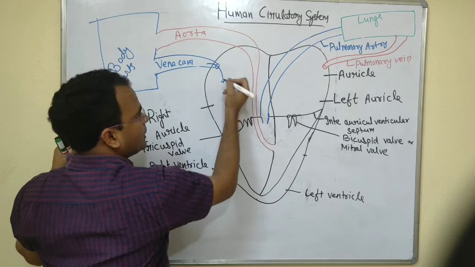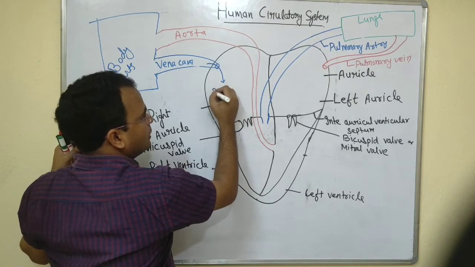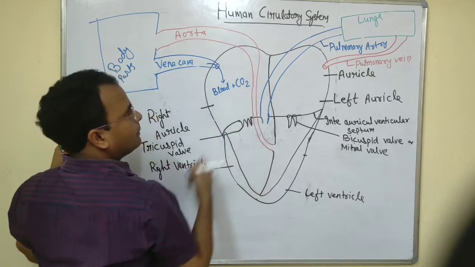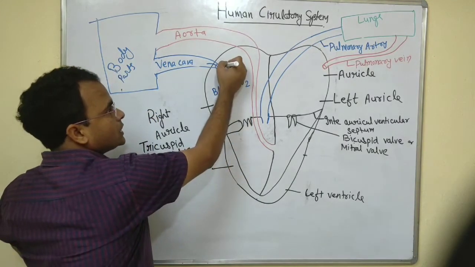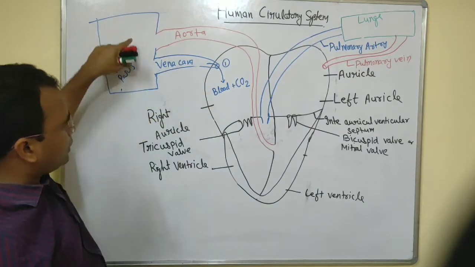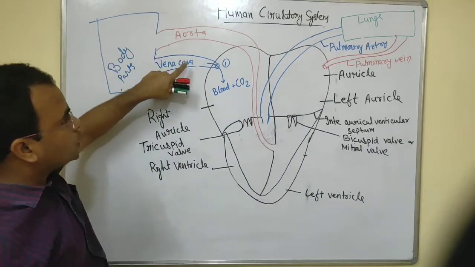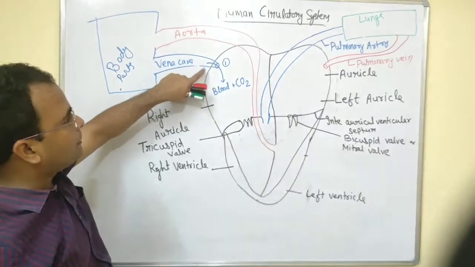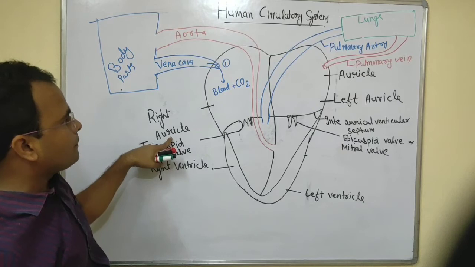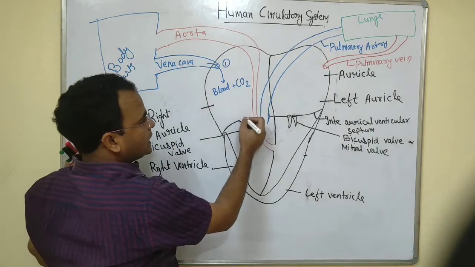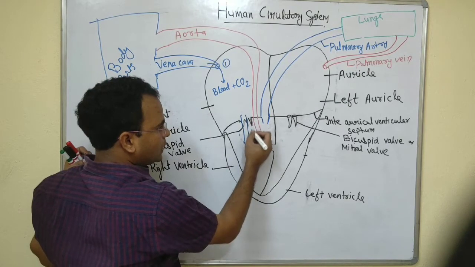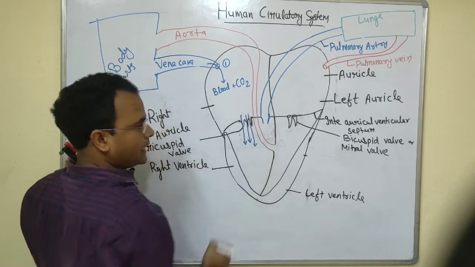Deoxygenated blood means blood plus carbon dioxide. It's an impure blood, right? So the first event is from the body through the vena cava, the impure blood comes to the right auricle.